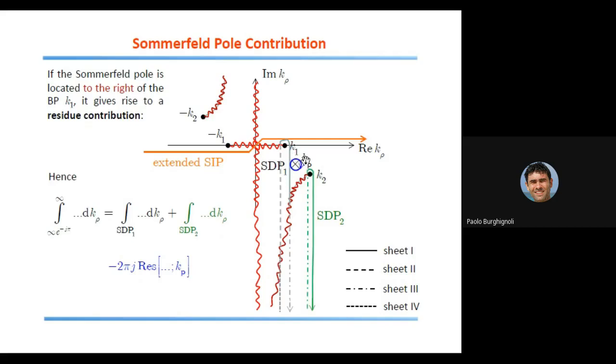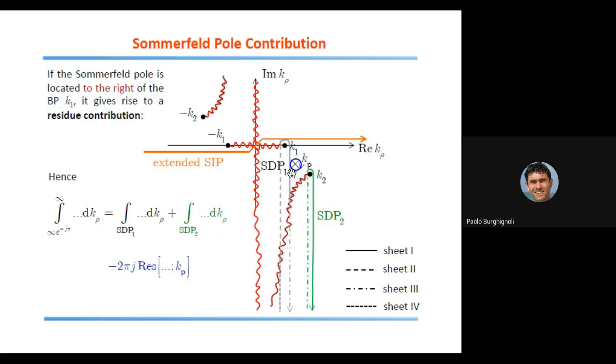Note now that the steepest descent path number 1 may be located to the left of the Sommerfeld pole. And if this happens, as in this figure, then the Sommerfeld pole is captured in the deformation of the integration contour from the orange extended Sommerfeld integration path to the pair of steepest descent paths.